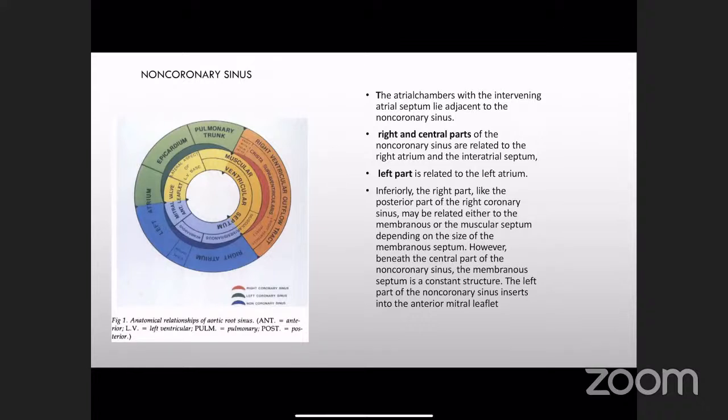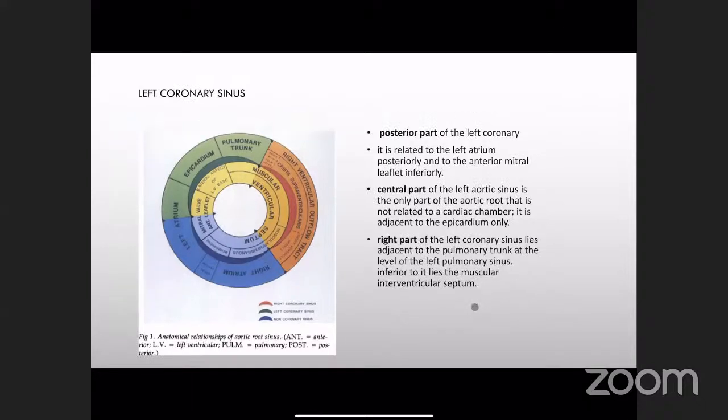Inferiorly, the right part, like the posterior part of the right coronary sinus, may be related either to the membranous or muscular septum, depending on the size of the membranous septum. However, beneath the central part of the non-coronary sinus, the membranous septum is a consistent structure, and the left part of the non-coronary sinus inserts into the anterior mitral leaflet, as we see in the previous images.